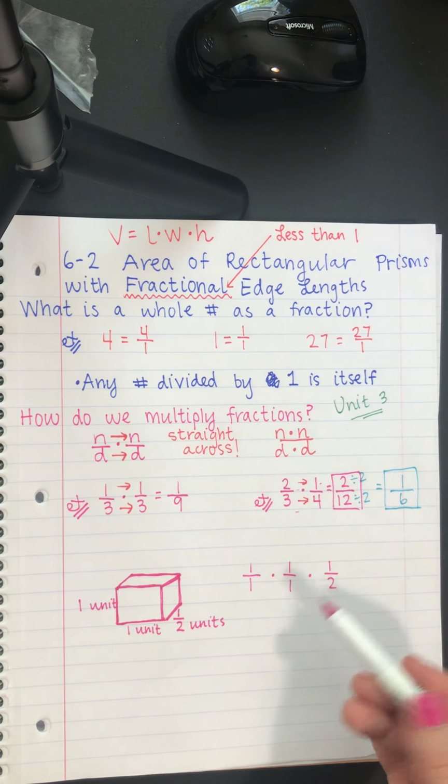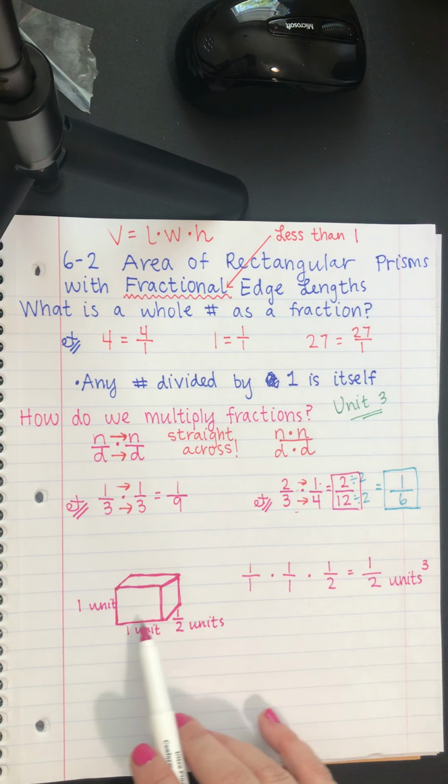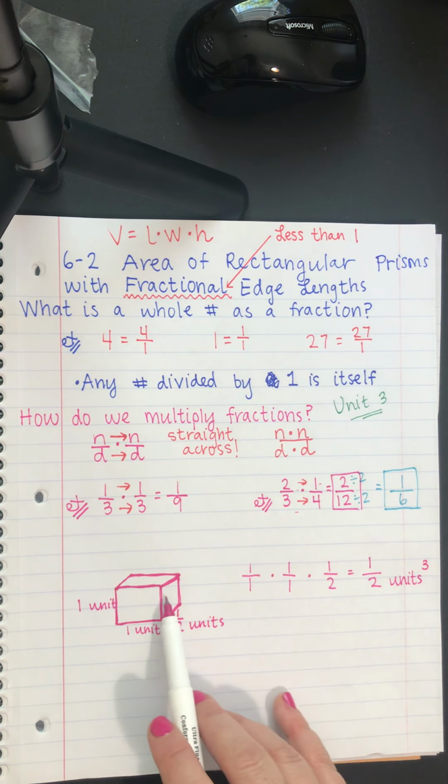This is not in inches or centimeters, it's just in units. So I can say it's units. I don't actually know how big it is. It might not be a real measurement. And then that is cubed because we're dealing with a 3D figure here. 3D, I'm using cubes to measure it. Those are 3D, so I have cubed.